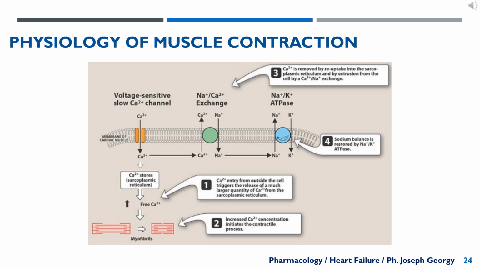Then this will lead to increased calcium concentration, which initiates the contractile process. Then calcium is removed by reuptake into the sarcoplasmic reticulum and by extrusion from the cell by calcium-sodium exchange. The final step, which is the fourth step, is that sodium balance is restored by this sodium-potassium ATPase.